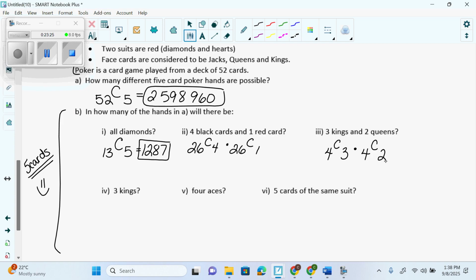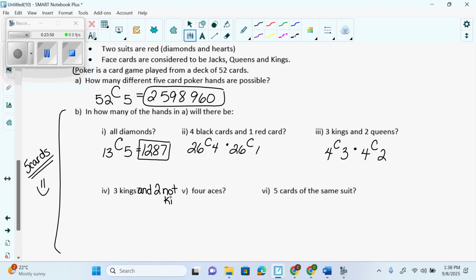And I need 5. So I need 2 whats? 2 not kings, correct? Because I need 3 kings, and the other 2 just need to be anything but kings. I'm not allowed to have more kings. So it'd be 3 kings and 2 not kings.